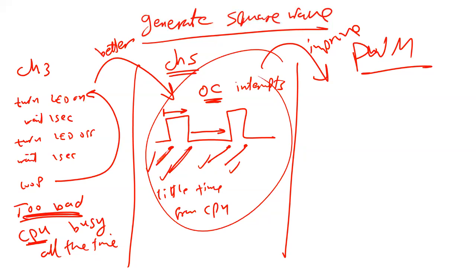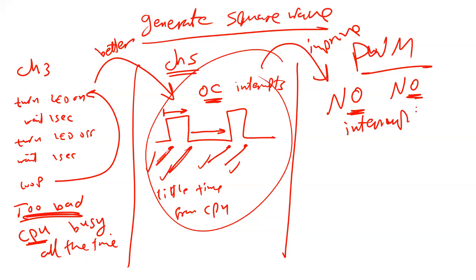So pulse width modulation, the interrupt approach doesn't look bad. Yes, it doesn't look bad, but this one is much better. Okay. So how is this one different? I'm going to tell you. But number 1, don't be confused, because I have been teaching interrupts for several weeks. This one, pulse width modulation, has no interrupts. Don't be confused.